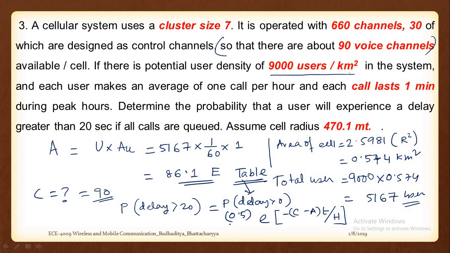e to the power minus (C minus A). Channels are given, intensity you have found out, t and H are also given. So just substitute and find out what is the probability of delay greater than 20 seconds.